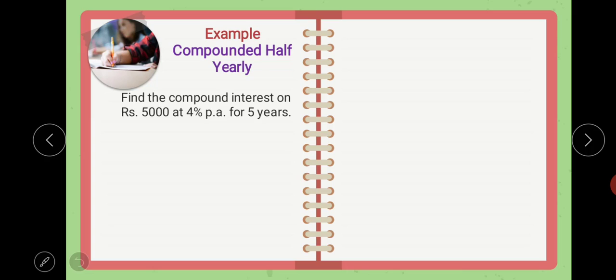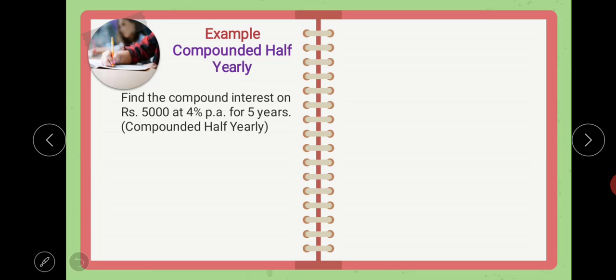So, the example is: find the compound interest on rupees 5,000 at 4% per annum for 5 years, compounded half yearly. Sometimes it is given in the example, sometimes it is given in the bracket. If it is not given, then we have to consider this example for compound interest compounded yearly.